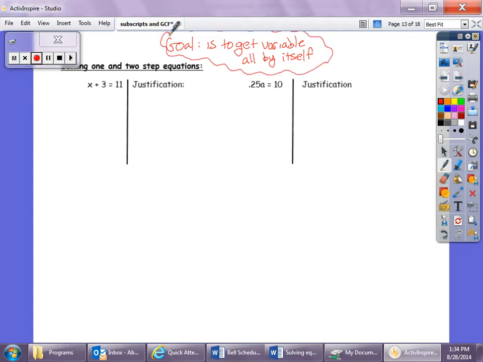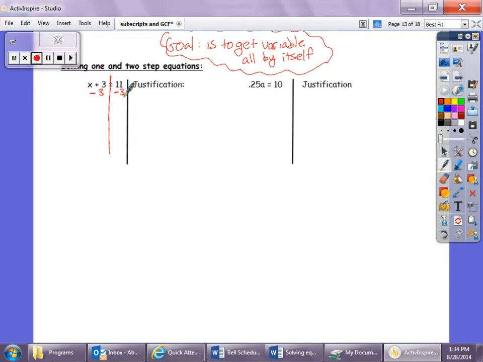So in this first example, our variable is x. The x and the 3 are together, and it equals 11. So we want the x by itself, so we have to get rid of that 3. Well, what we can do is subtract 3 from both sides.